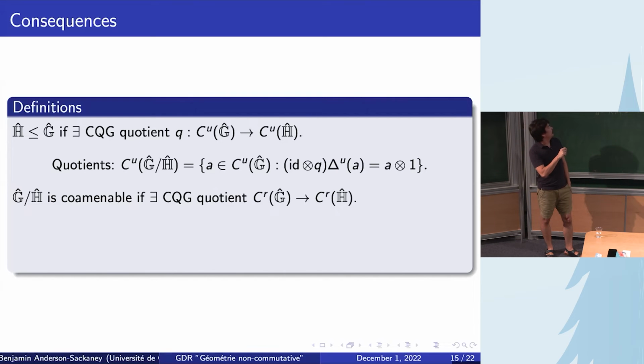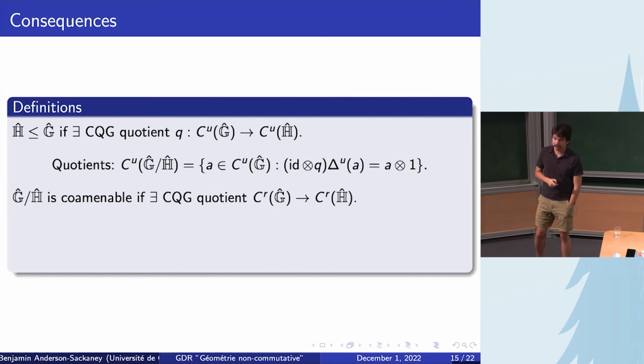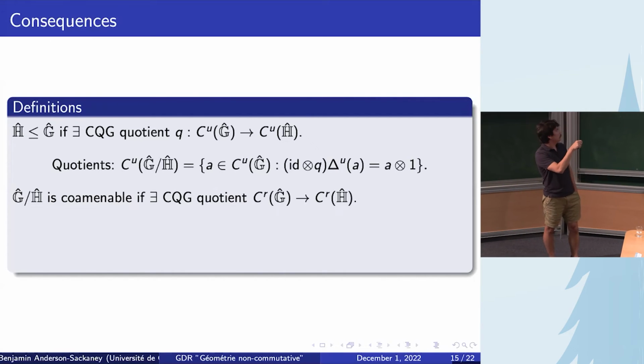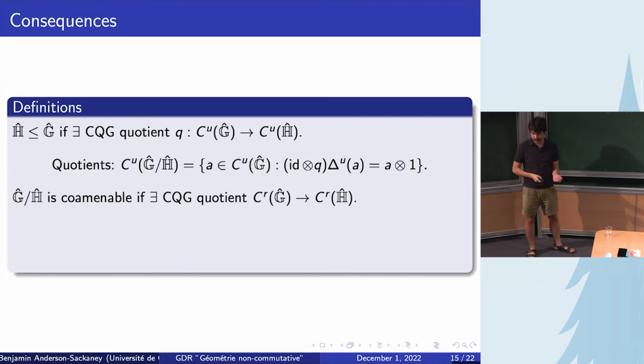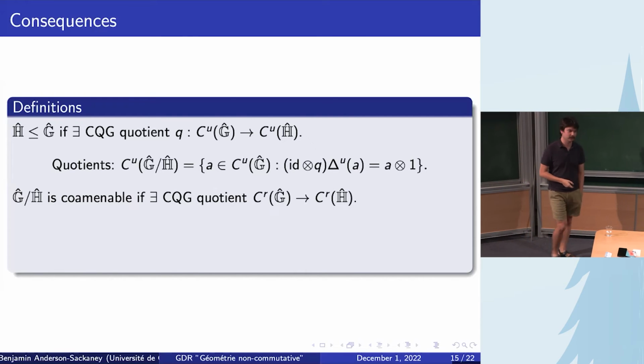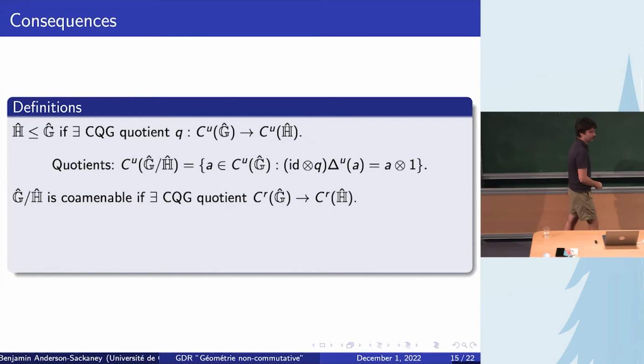Okay? And then we can define co-amenability of quotients, and we say a quotient is co-amenable if there exists a reduced version of the above quotient map. In the case where H is trivial, this actually recovers the notion of co-amenability of compact quantum groups.